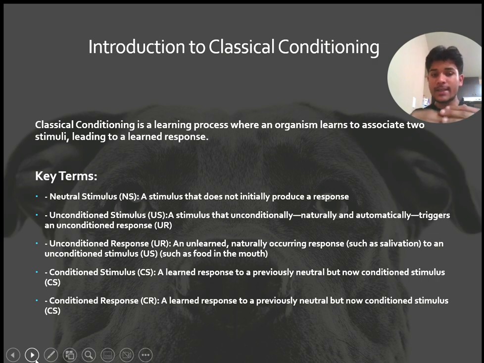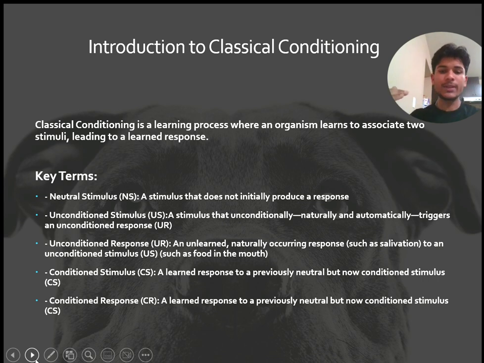The conditional response is a response produced by the conditional stimulus, and the conditional stimulus is produced by the association of a neutral stimulus and an unconditional stimulus for a long time or many times. So these are the basic terms.